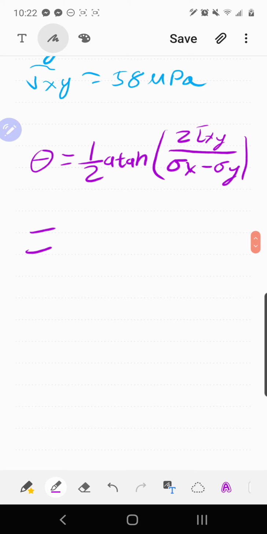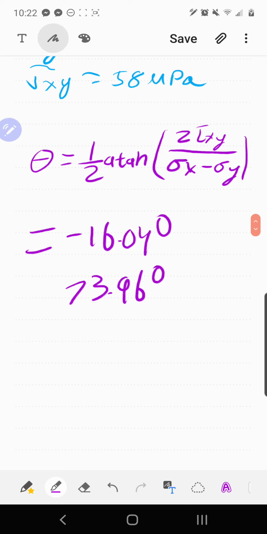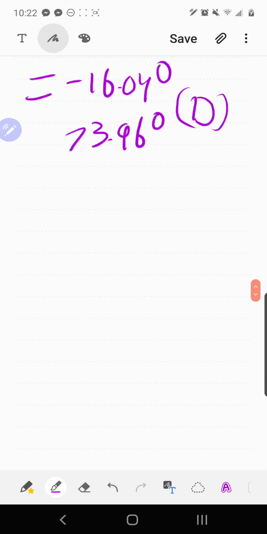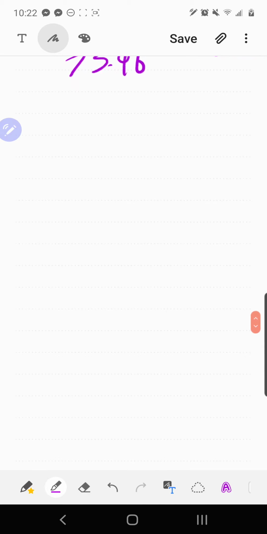So in doing this, you will get negative 16.04 degrees and 73.96 degrees, which, looking at the answer choices, you can get as D. The alternative way is to use Mohr's circle again. Let's quickly assemble one of those.